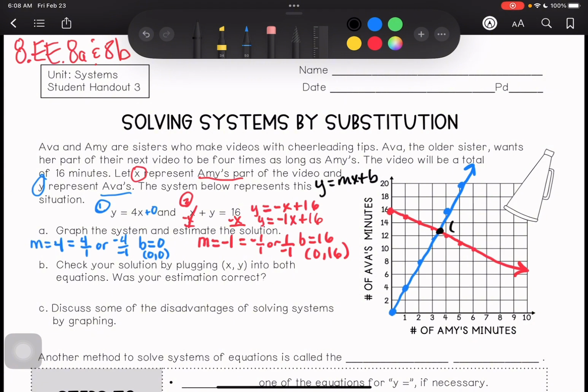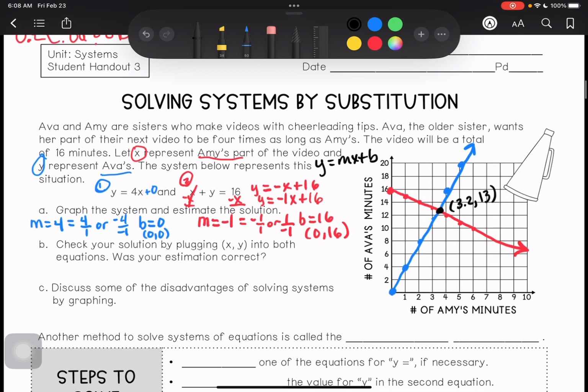So this ordered pair is about 3.2 and 13. You could say 3.5, either way. We're just doing an estimate, okay?